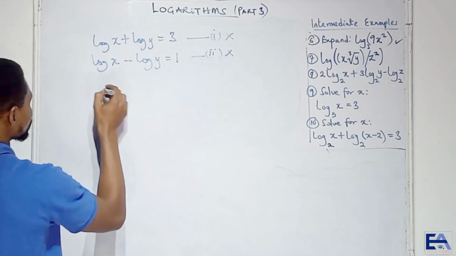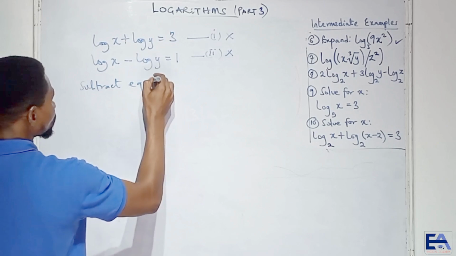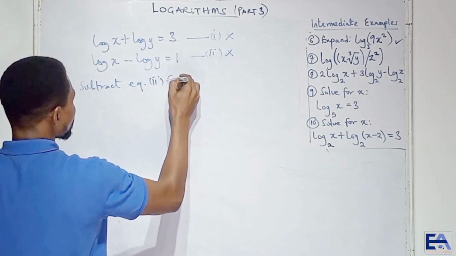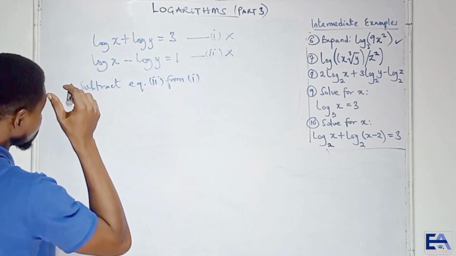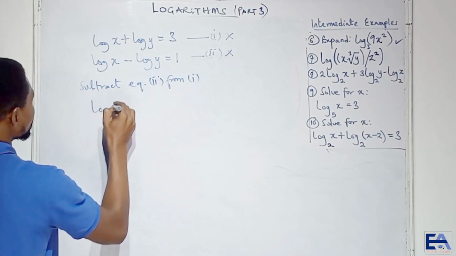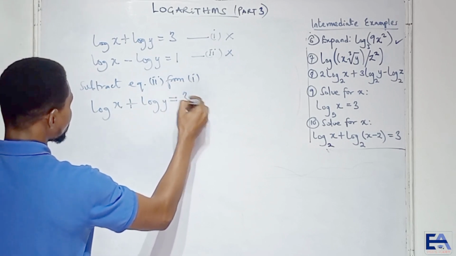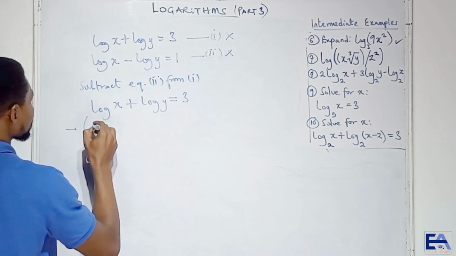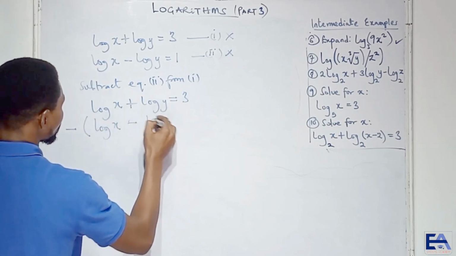So what we do is to subtract equation 2 from equation 1. If you subtract equation 2 from equation 1, it means we'll be having log x plus log y equals 3, then minus everything here, log x minus log y.